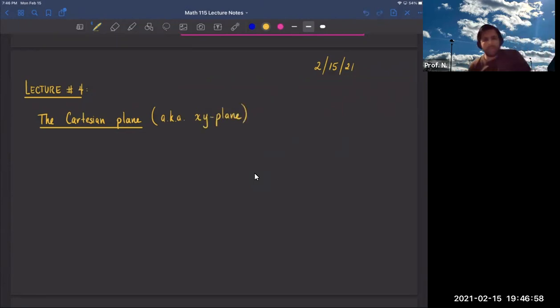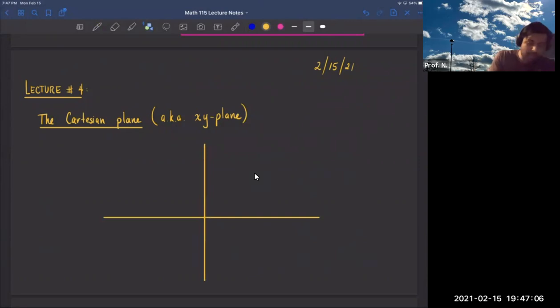And it's a plane, which means that it's two-dimensional. So we normally draw the axes. This is the x-axis, this is the y-axis. So the x-axis is our horizontal line that we draw first, and then our vertical line, we call it the y-axis.